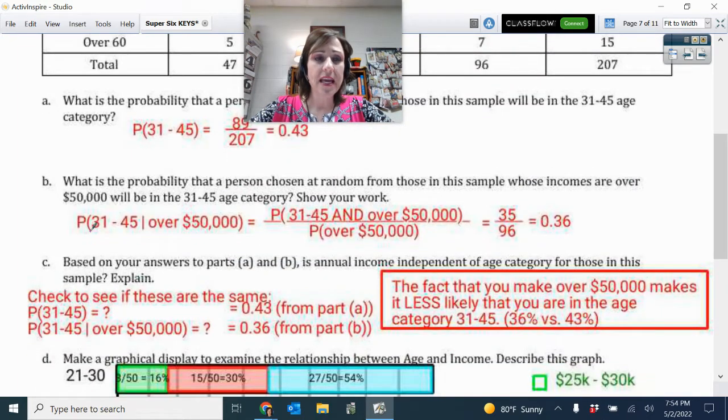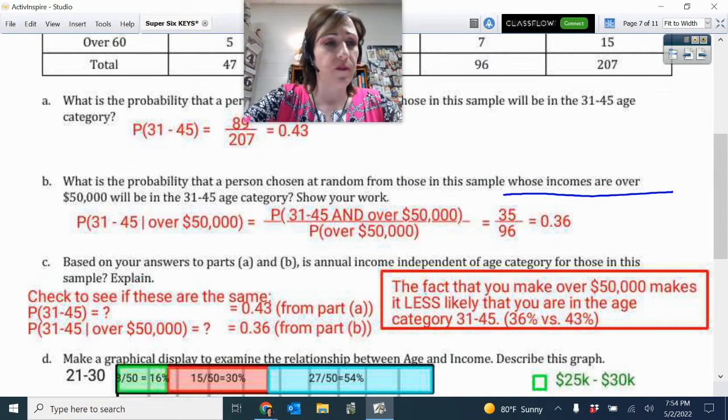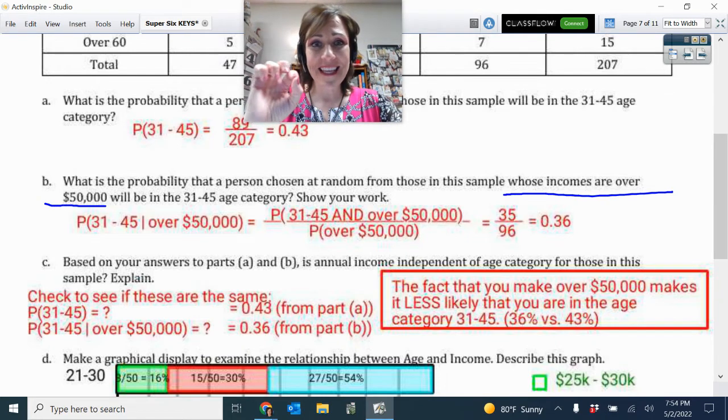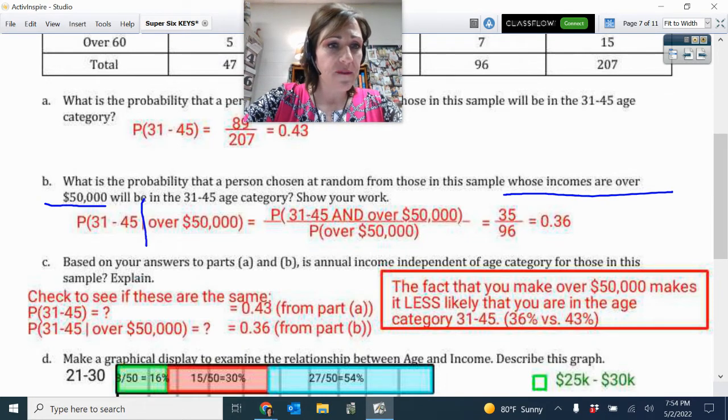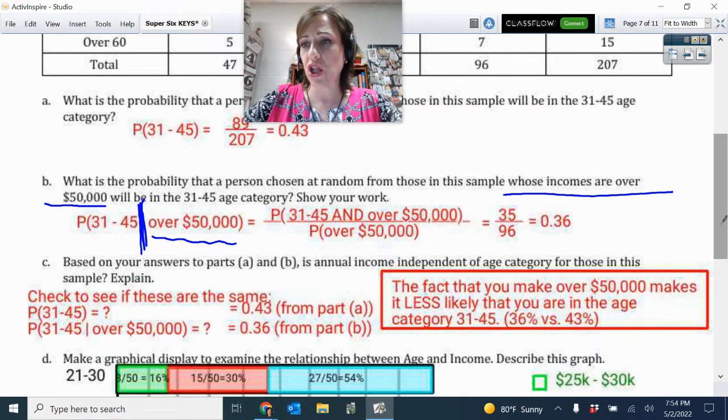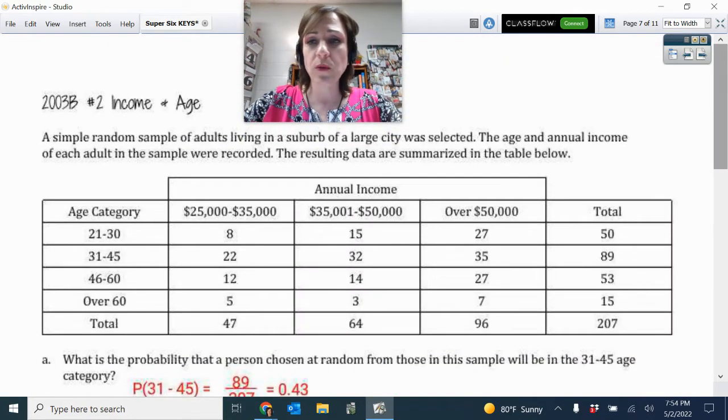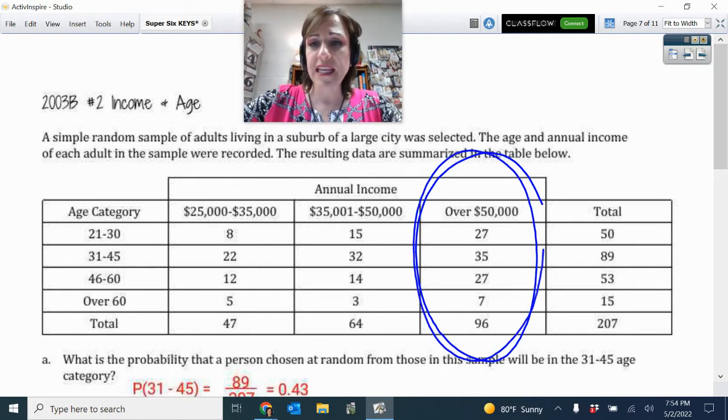But next, we say, what's the probability that a person chosen at random from those in this sample whose income is over 50,000? That is the given that. So, given that you make over $50,000, that means I am only talking about these numbers here.